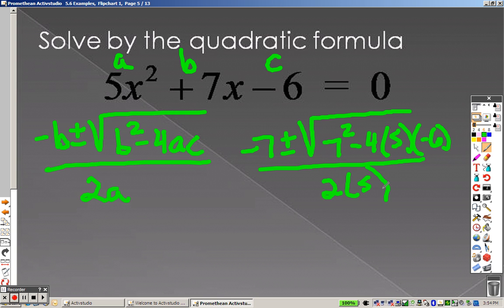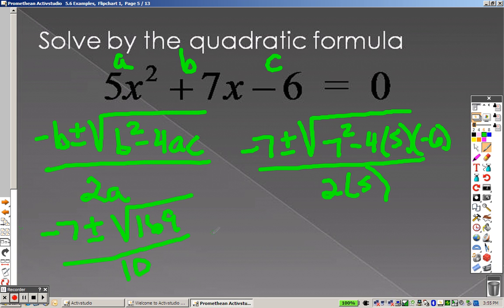So underneath the square root is 7 squared minus 4 times 5 times negative 6, and I get 169. So negative 7 plus or minus the square root of 169 over 10. And the square root of 169, that happens to be 13.